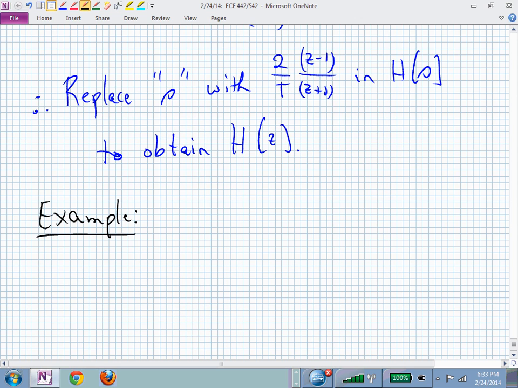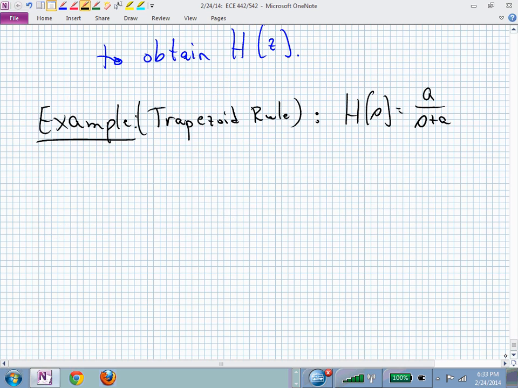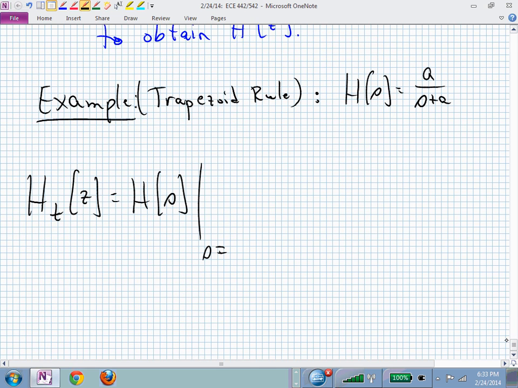Now we need to do our example with this trapezoid rule and keep the same low-pass filter with a bandwidth of A. We can now say H sub T of z is simply found from H of s if we replace s everywhere with whatever we said it was supposed to equal, this 2 over T, z minus 1 over z plus 1.